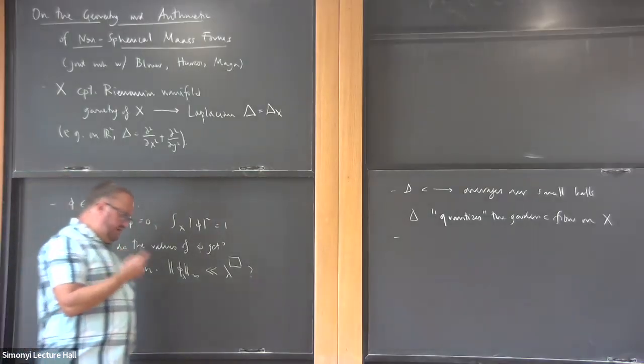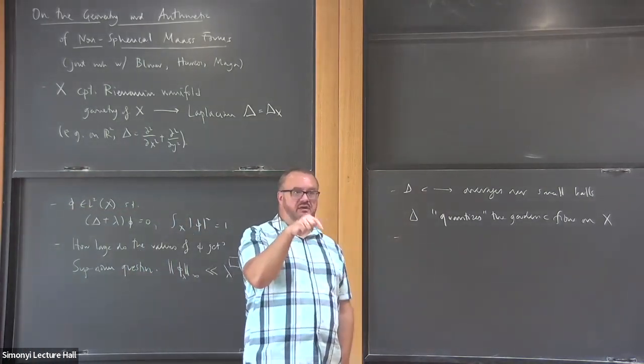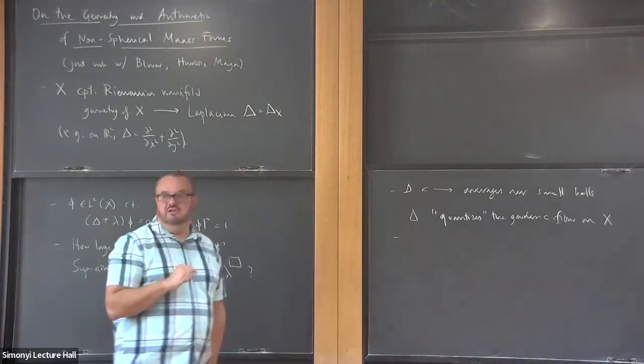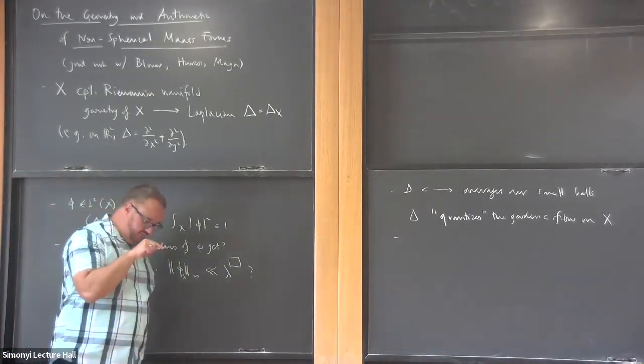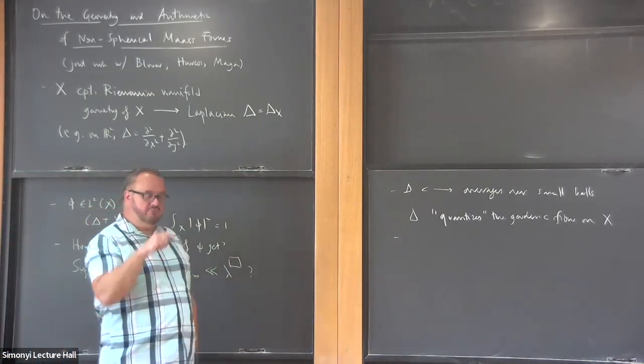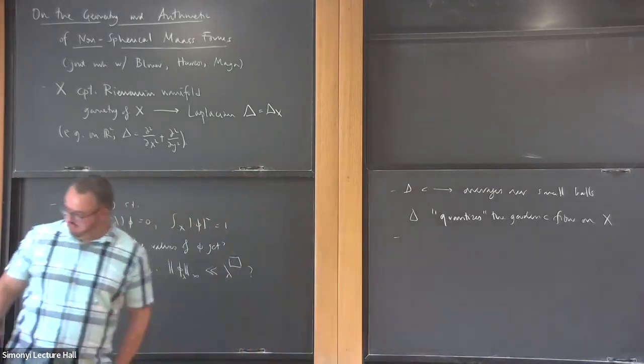So the idea is that because a classical particle is highly unlikely to spend a lot of time in a small ball, it should also be very difficult for a high energy eigenfunction to be large around a particular point.